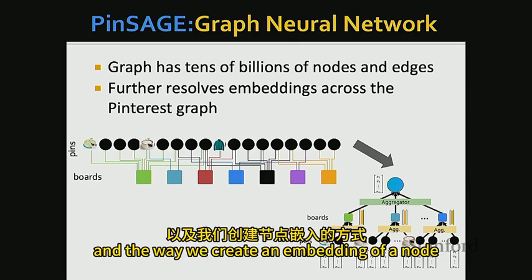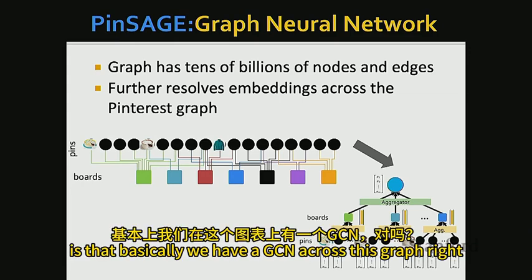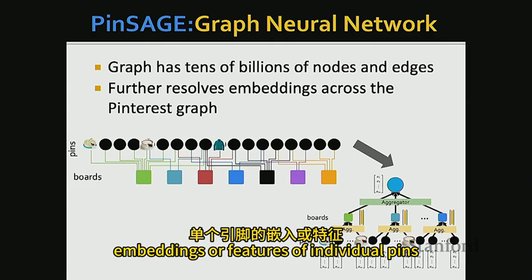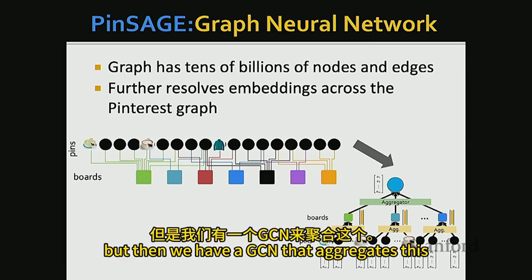And the way we create an embedding of a node, especially of a pin, is that we have a GCN across this graph, right? At the bottom layer, we are going to have embeddings or features of individual pins. This would be images and so on. But then we have a GCN that aggregates this.